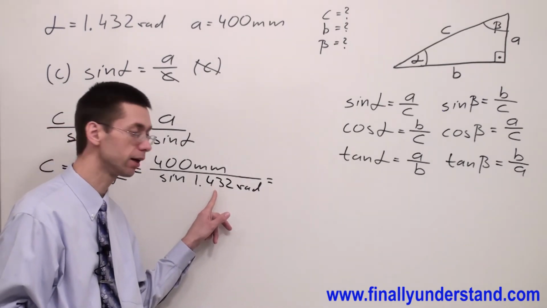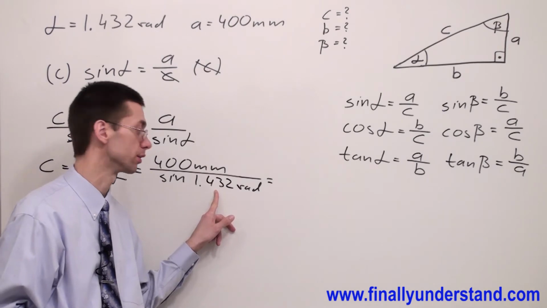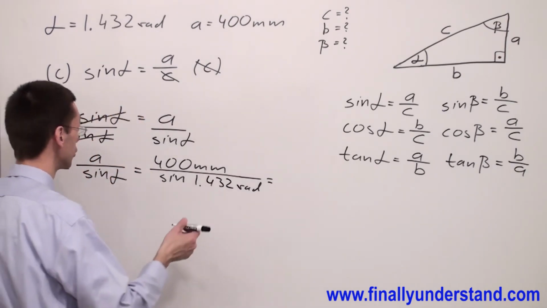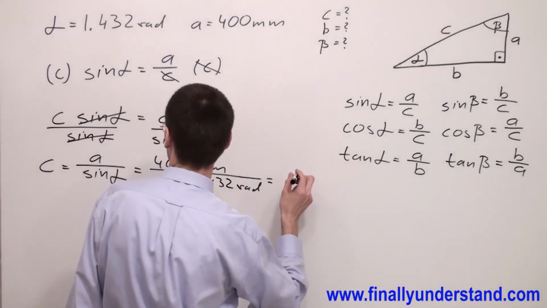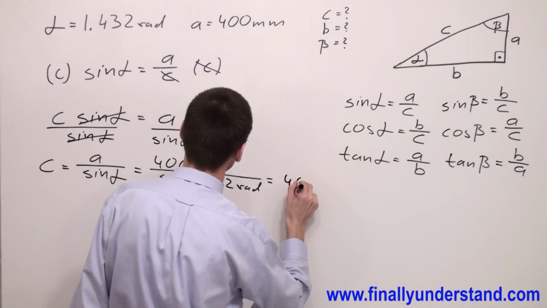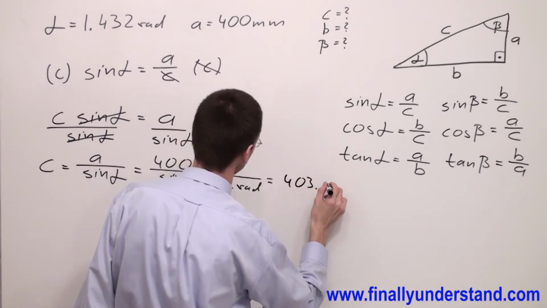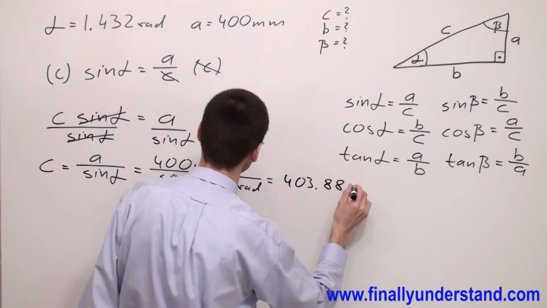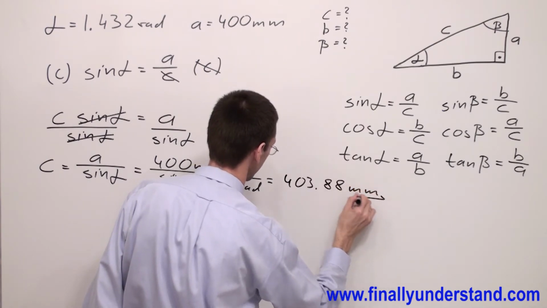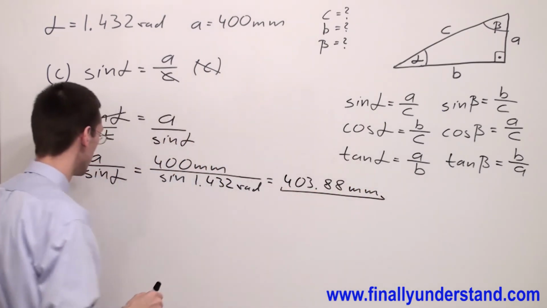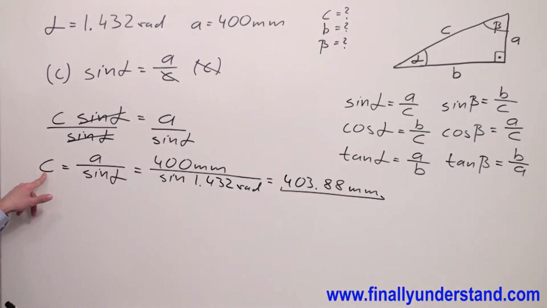Why? Because the angle is in radians. And you're supposed to get 403.88 millimeters. This is the length of the hypotenuse, okay? The length of side C.